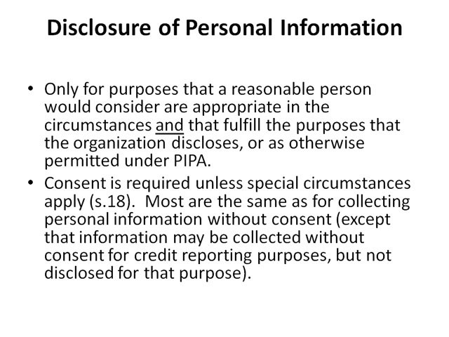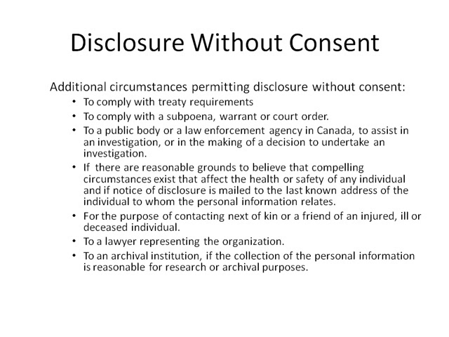And I'm going to now take a look again at the list of exceptions. Most of them are the same as the ones for collecting information without consent. Emergency circumstances, etc. But there are some additional ones that apply only to disclosure.